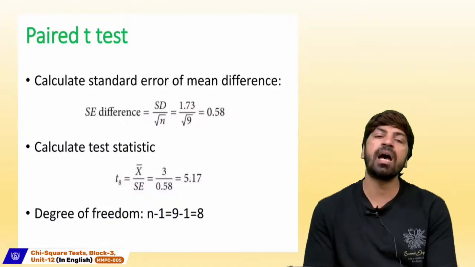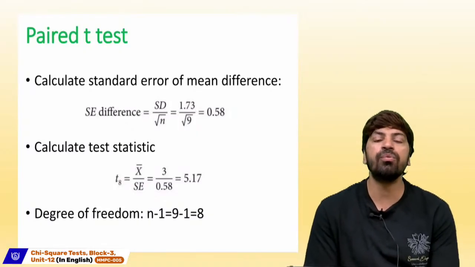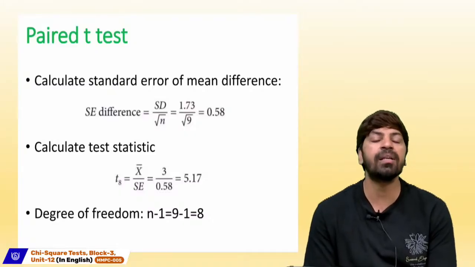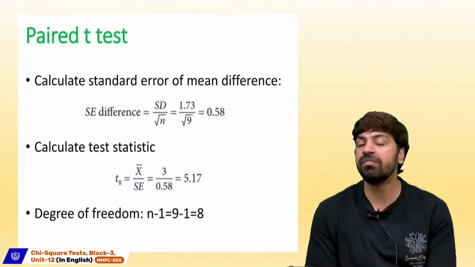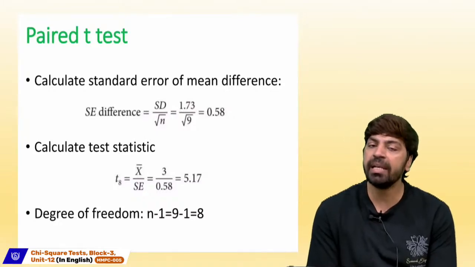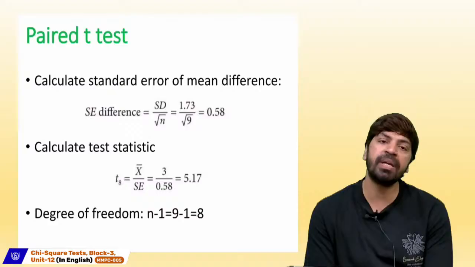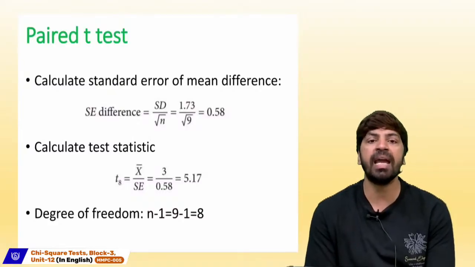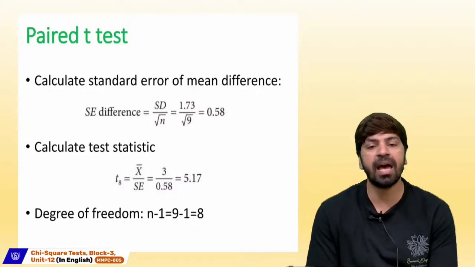Then the next step is to calculate the test statistic, that means the t calculated value. The formula to calculate the t value under the paired t-test is x bar divided by SE, that is the standard error.